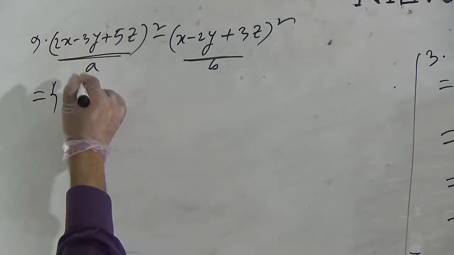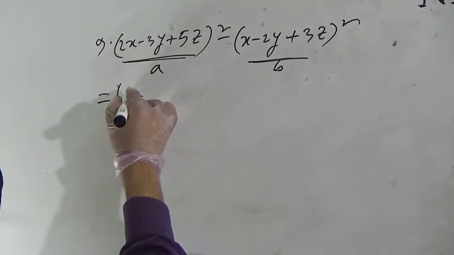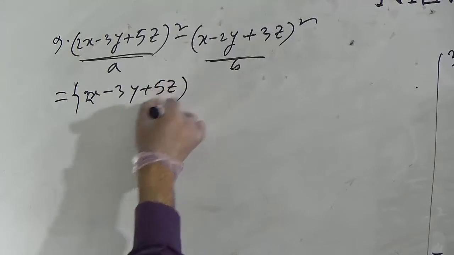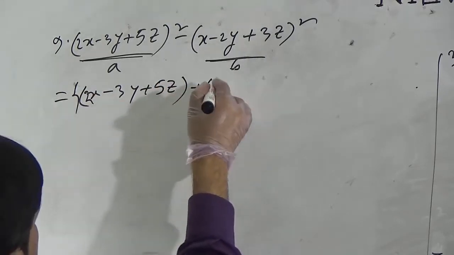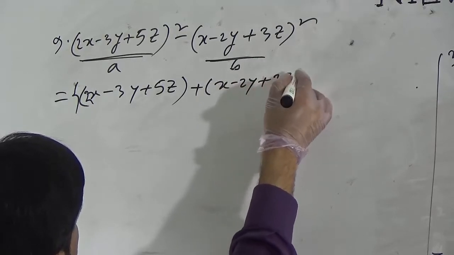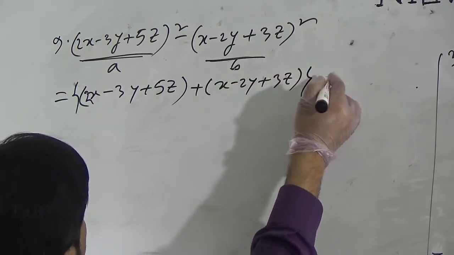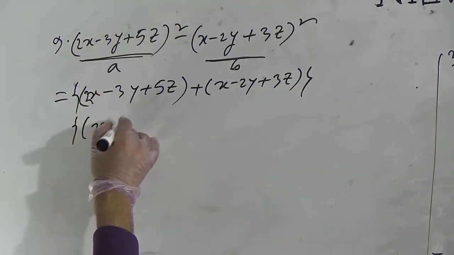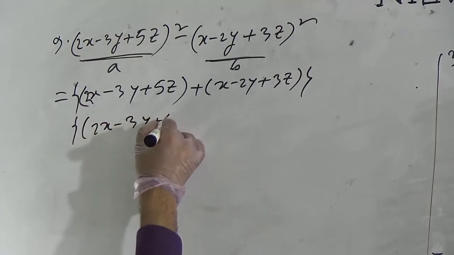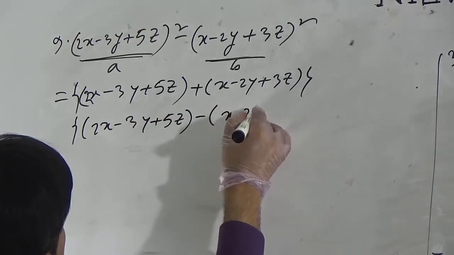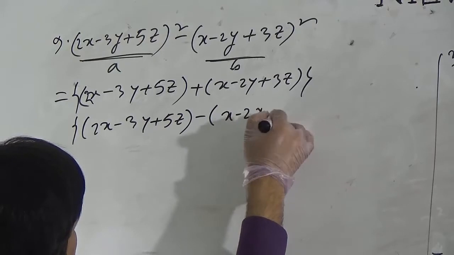The formula is a plus b into a minus b. A means 2x minus 3y plus 5z, plus b. B means x minus 2y plus 3z. A plus b into a minus b: a means 2x minus 3y plus 5z, minus b means x minus 2y plus 3z.